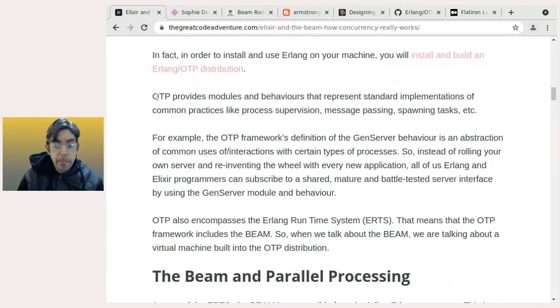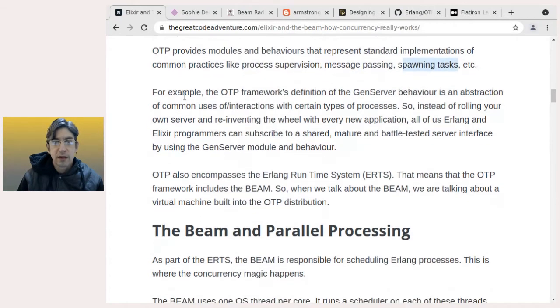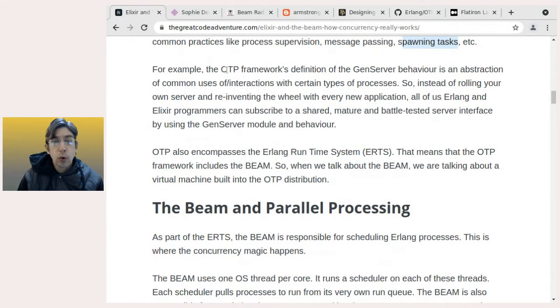In fact, in order to install and use Erlang on your machine, you will install and build an Erlang OTP distribution. OTP provides modules and behaviors that represent standard implementations of common practices like process supervision, message passing, spawning tasks, etc. For example, the OTP framework's definition of the GenServer behavior is an abstraction of common interactions with certain types of process.